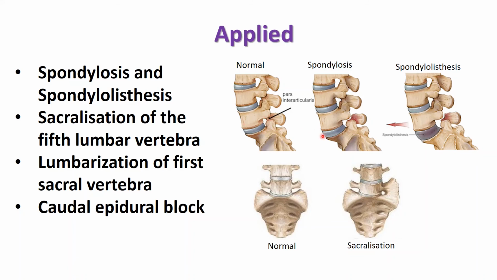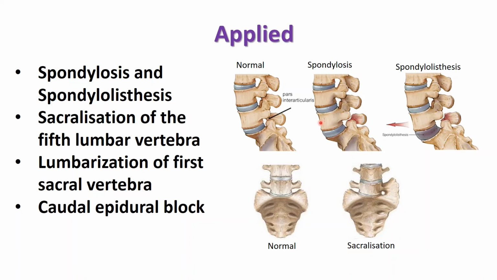But sometimes, during a fracture or defect in the mode of ossification of the vertebra, the inferior articular process, spinous process, and lamina of the fifth lumbar vertebra are separated from the rest of the vertebra, and this condition is known as spondylosis.